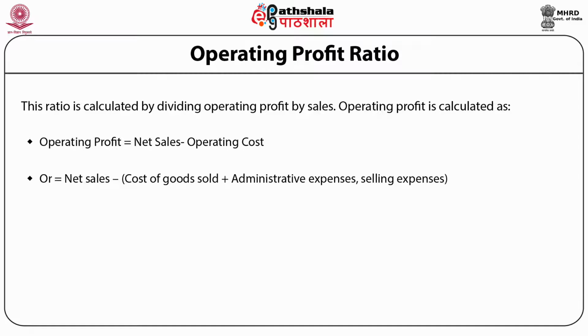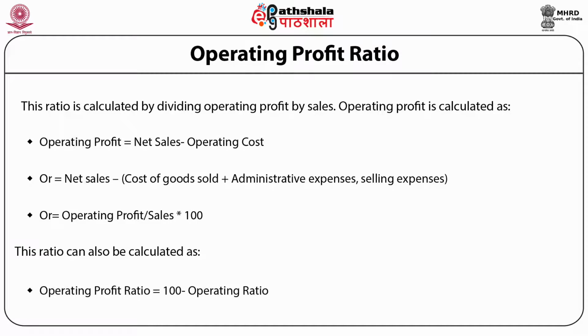It is calculated using another formula, that is operating profit divided by sales multiplied by 100. This ratio can also be calculated as operating profit ratio is equal to 100 minus operating ratio.